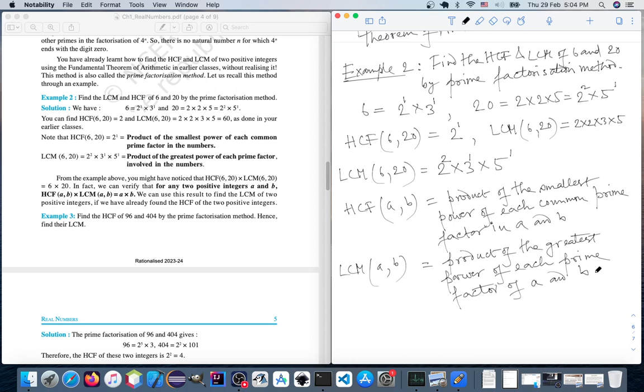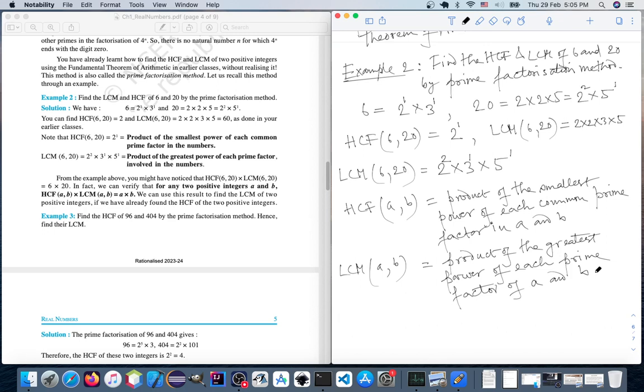It is the product of the greatest power of each prime factor of A and B. We write down all the prime factors that are involved in A and B, and for the powers we consider the greatest power of that prime factor that is occurring in A and B.